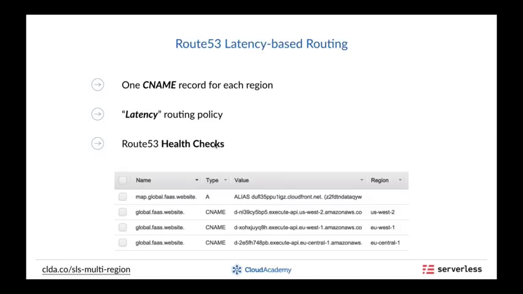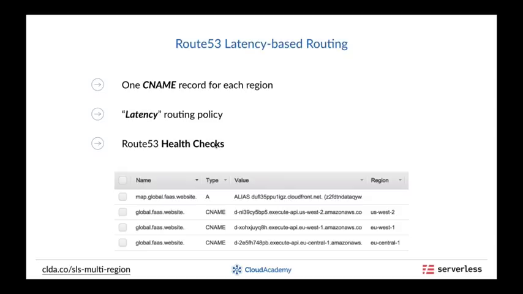So if we have Dynamo or if we have a third-party service, you can create this kind of endpoint to check that everything is okay, and so that when Route 53 detects that something is wrong with that region, it will automatically route all the requests for that domain to another region.